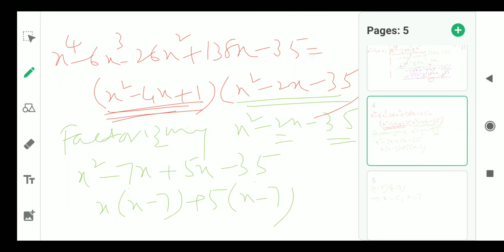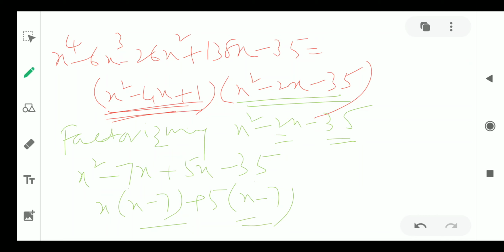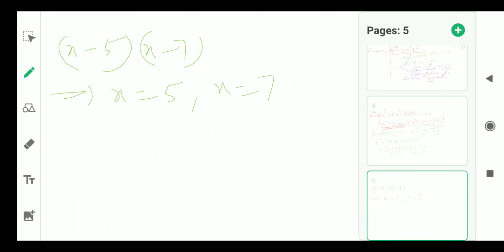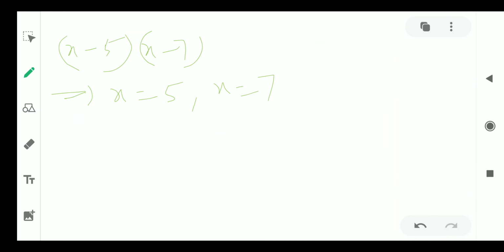When I take x common and 5 common, what am I going to get? x plus 5 into x minus 7. So therefore x will be minus 5, and x is equal to 7.